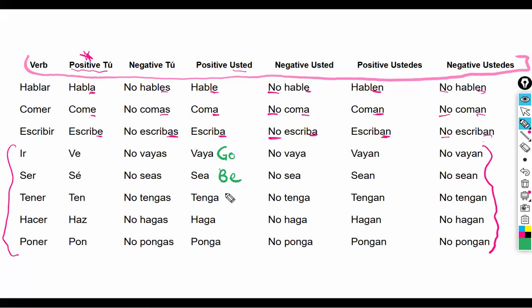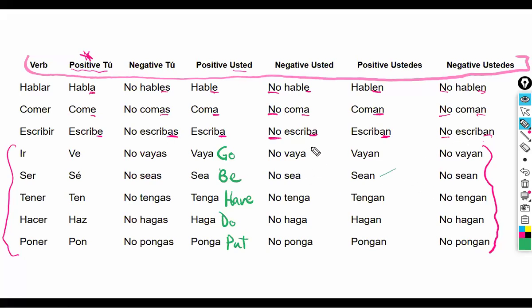All right. Tener is to have. So have, as in you might want to tell somebody have it, you have it, don't have it, I don't know. Hacer, to make or to do, right? So this would be do, make, I don't know. Poner, to put, this will be put, right?